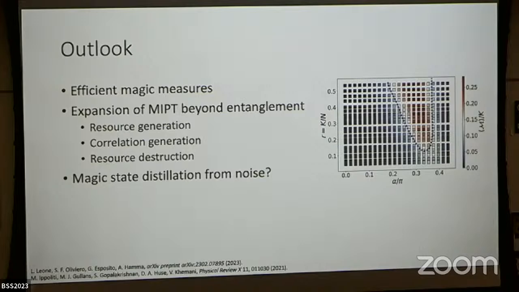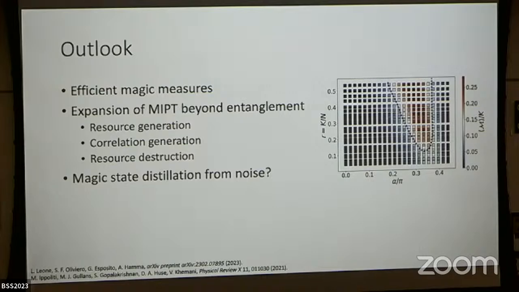As I mentioned, this is only for pure states, so it doesn't include things like decoherence or measurement operations. There are some magic measures out there that work for non-pure states, but you still need full state tomography. They're difficult to measure. So one question is, can we find more efficient magic measures?